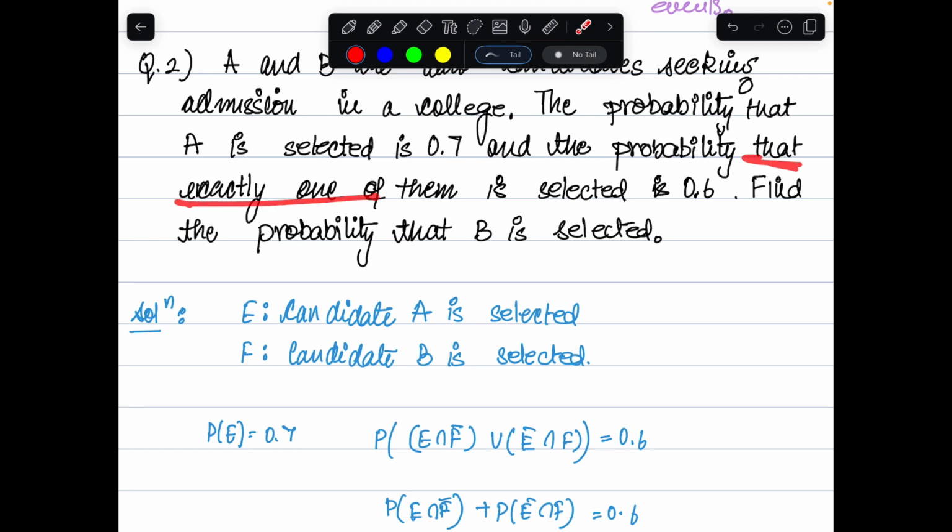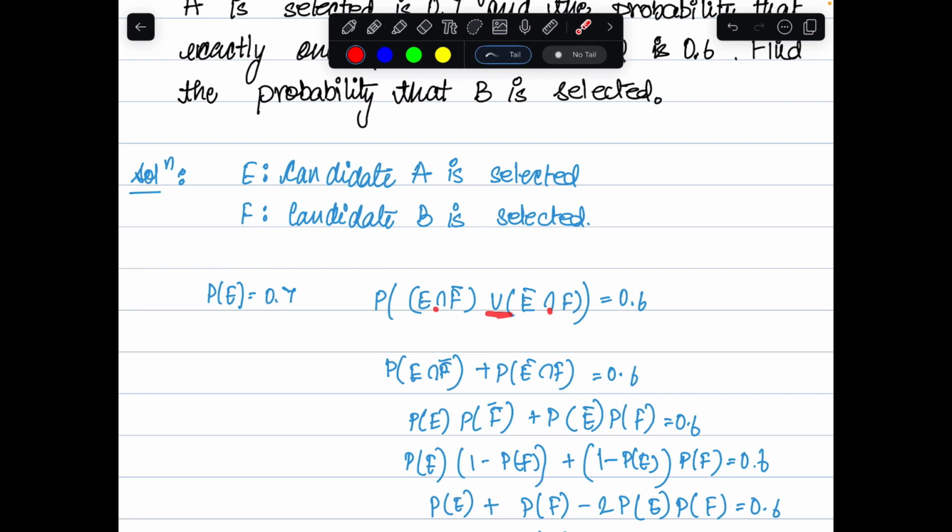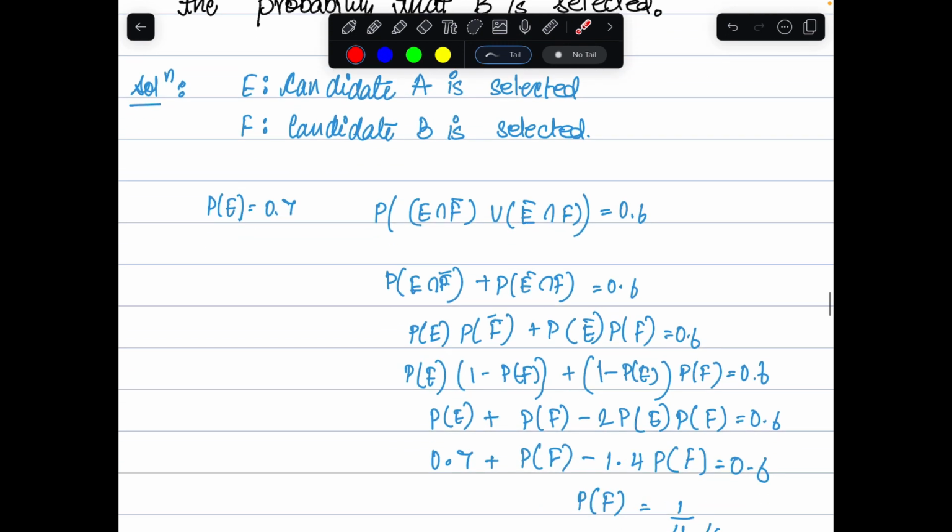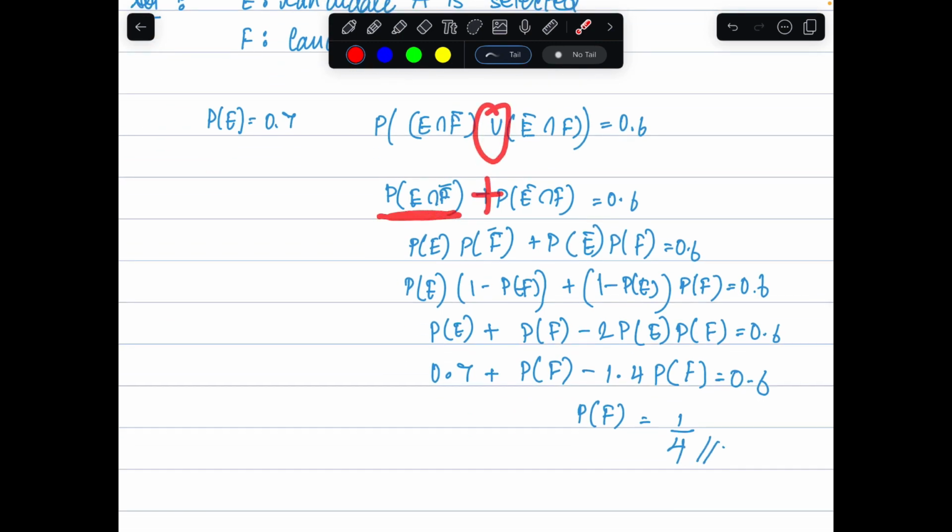Probability that exactly one of them is selected means what? E but not F, or not E but F. So here only E is getting selected, here only F is getting selected. Or means any one of them can happen. So what we are doing is, or we always write as a plus sign. That's what we did. Now the intersection of E and F bar, they are independent events. E and F bar.